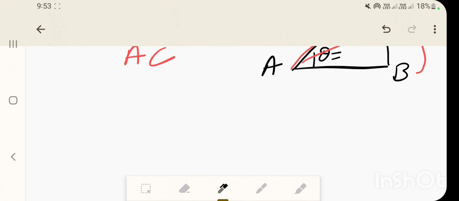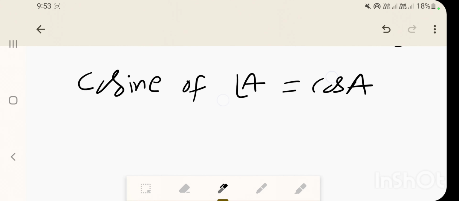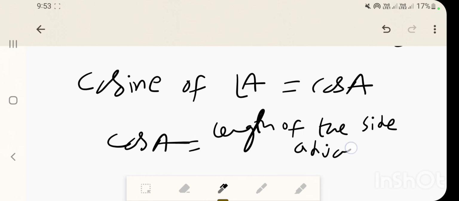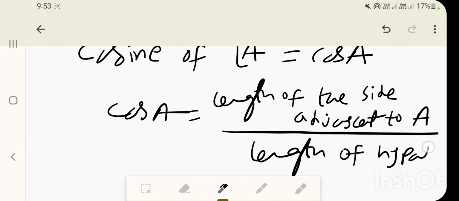Now coming to another ratio, here we have cosine of angle A, or we can write it as cos A. By definition, cos A is equal to the length of the side adjacent to angle A divided by the length of the hypotenuse.